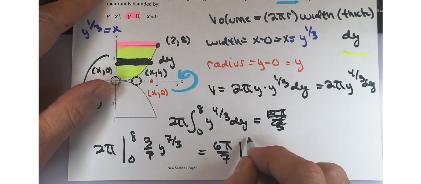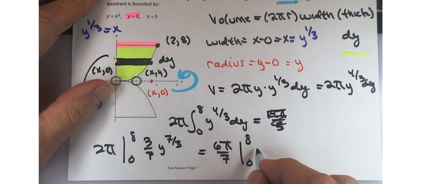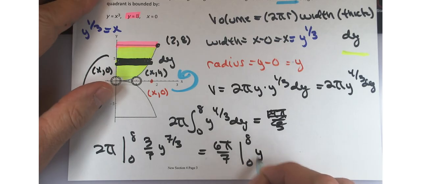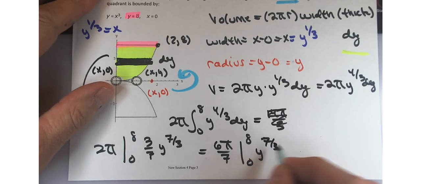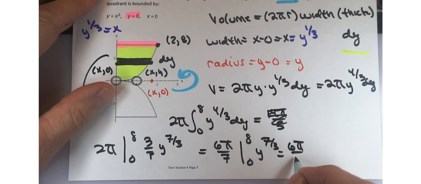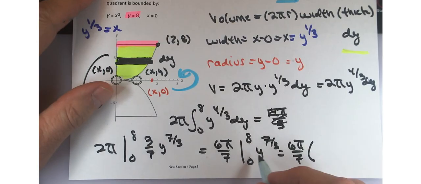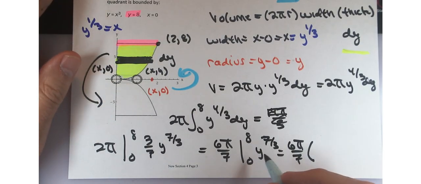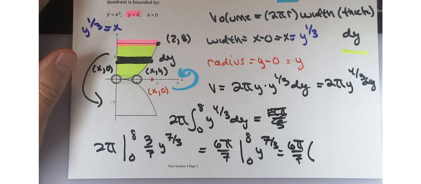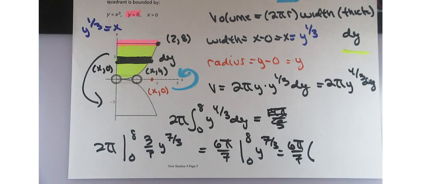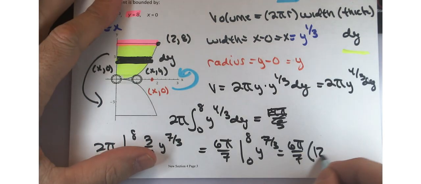So 6 pi over 7 times, from 0 to 8, y to the 7/3. 8 to the 7/3 power is going to be 128, minus 0.